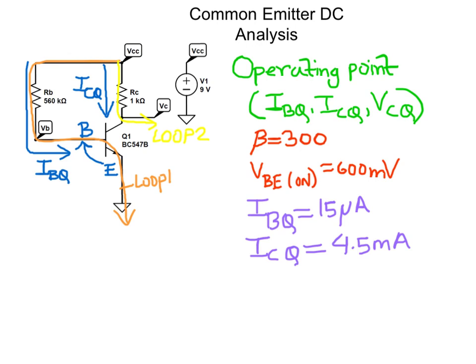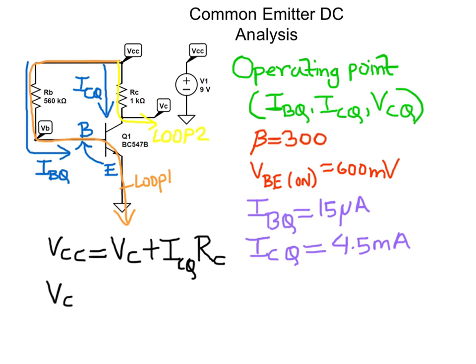So by applying KVL on loop 2, we can write VCC equals Vc, which is the voltage at the collector node, plus ICQ times the load resistance or the collector resistance RC.